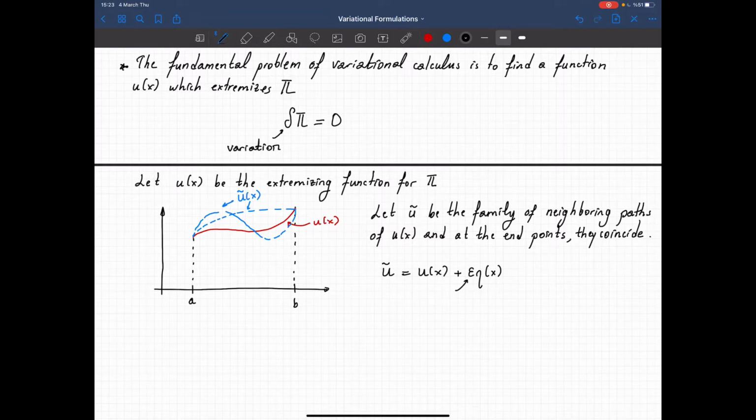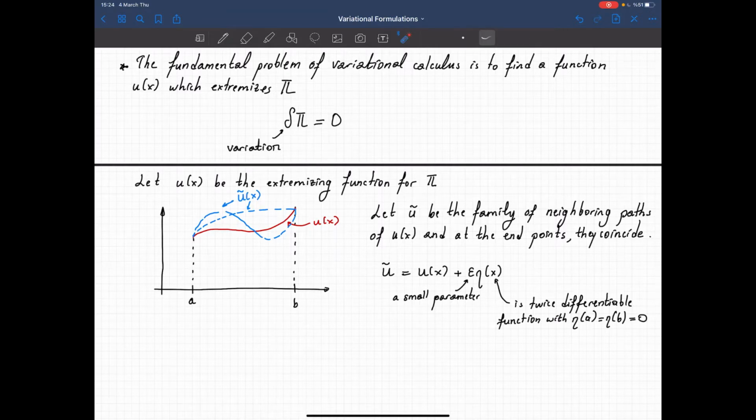Epsilon is a small parameter, and nu of x is a twice differentiable function with nu of a equal to nu of b equal to 0.